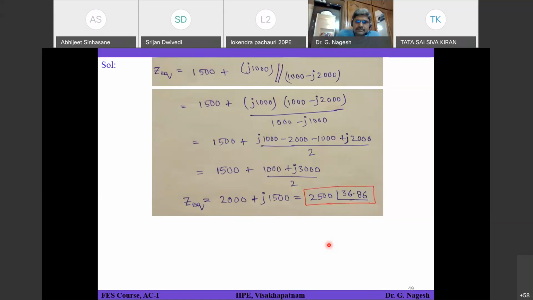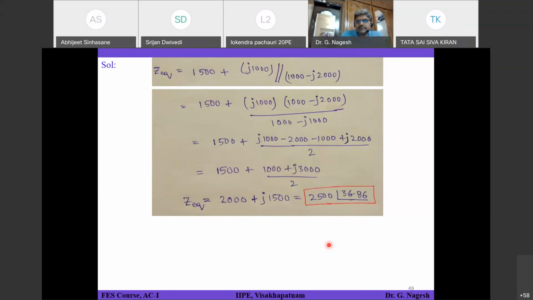What is this 62.5? Phase angle? No, sir, 62.5 is amplitude. I don't think that is correct, because 40 divided by 2500 you have to do. So 0.016 seems to be correct.